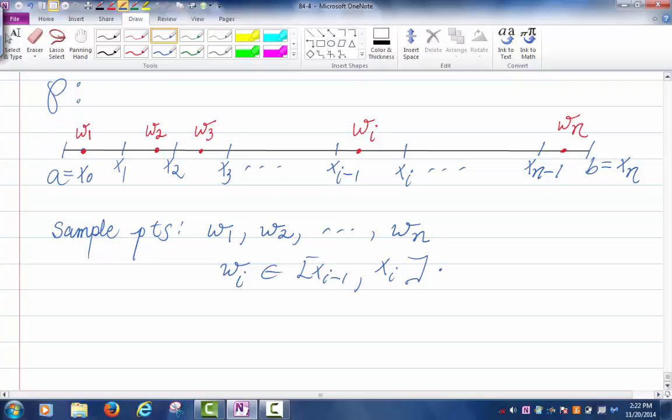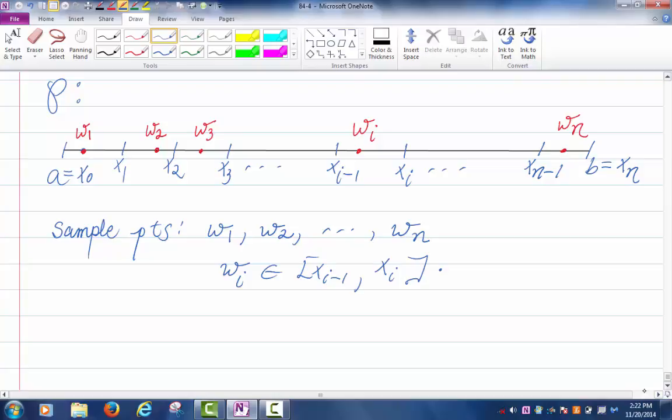Now I am going to tell you what I mean by a Riemann sum for the function f on this interval. We are going to form a sum. I am going to evaluate the function f at each of the sample points and multiply them by the corresponding length of the subinterval.